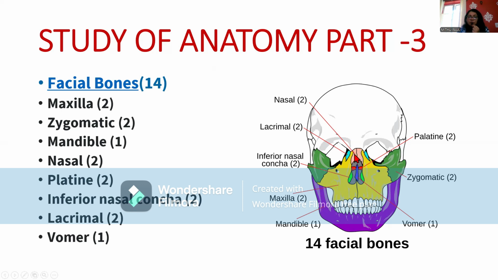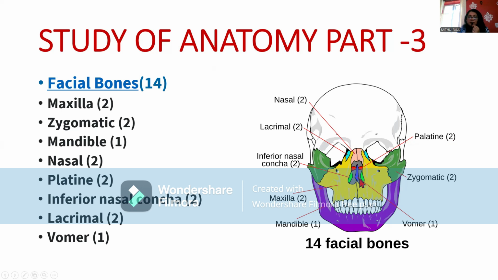Then the 2 nasal bones, here highlighted in pink. 2 palatine bones, mainly seen from the backside, part of which processes you can see from the anterior part via the nasal cavity. Much better view from the inferior surface of the base of the skull.